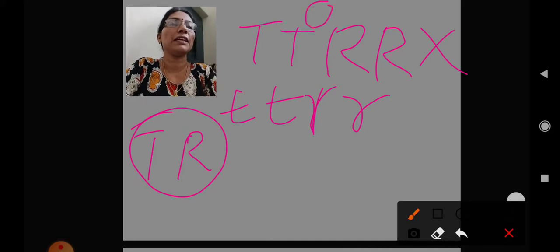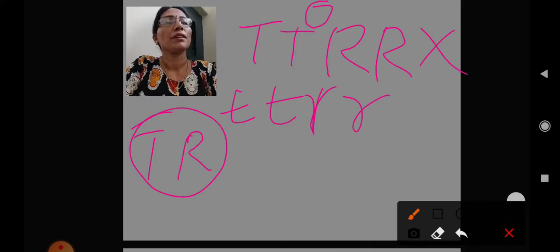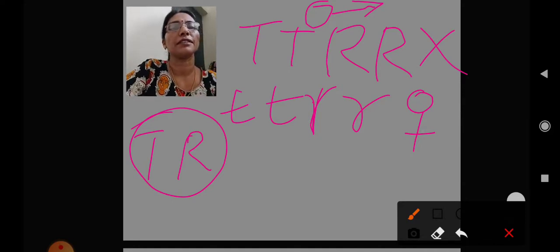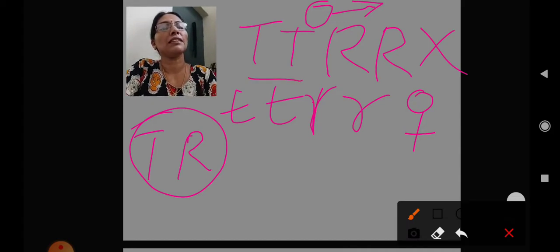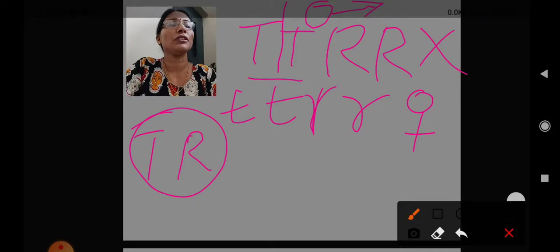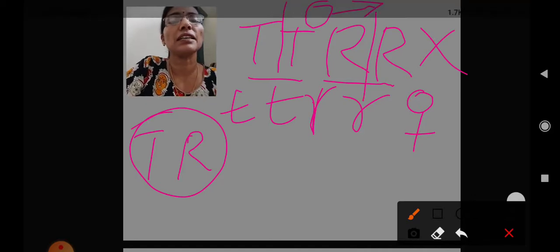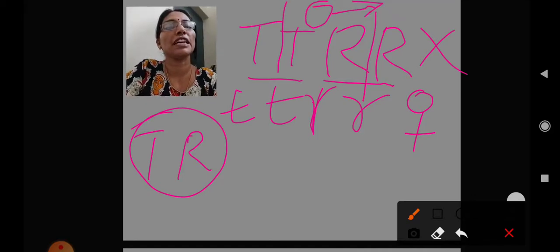If it is the male parent, this is the symbol of male and this is the symbol of female, then the gamete formed by the male parent is capital T and capital R. In the time of gamete formation, out of T and T, one T separates out and goes to one gamete, and out of capital R and capital R, one R separates out, both the alleles, both the factors separate out.